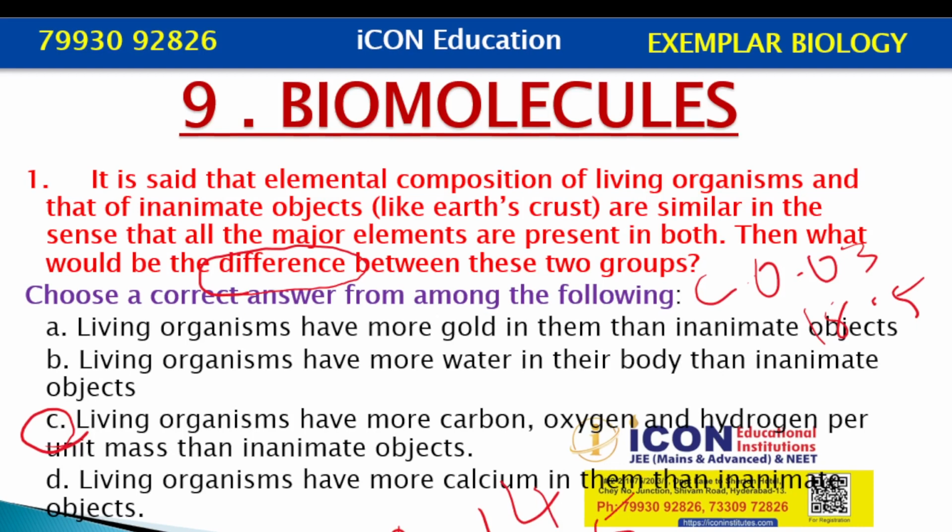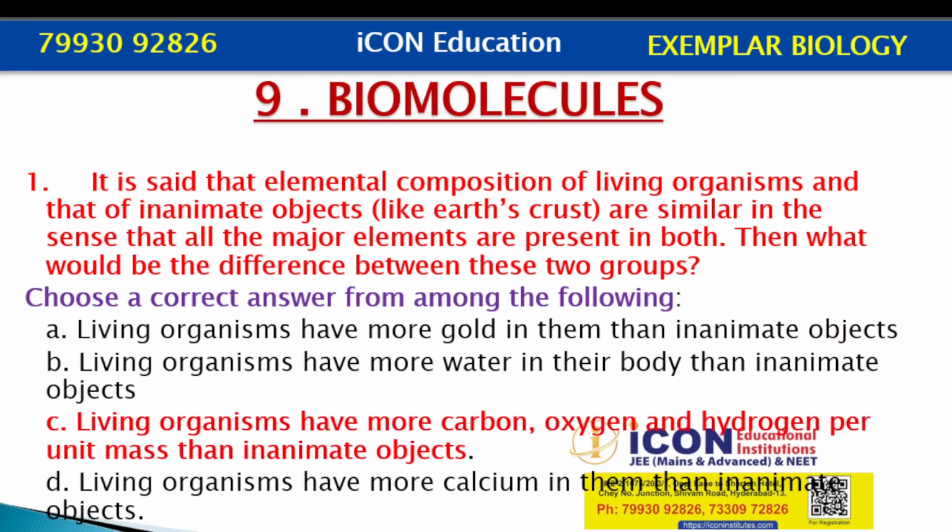Oxygen in the earth crust is 46.6 and in the human body it is 65.0. But students, you see the combination carbon, hydrogen and oxygen, the combination they are making is protein, carbohydrates, nucleic acid, lipids. They are making biomacromolecules, which is more per unit mass than in the inanimate object. So option C is correct.